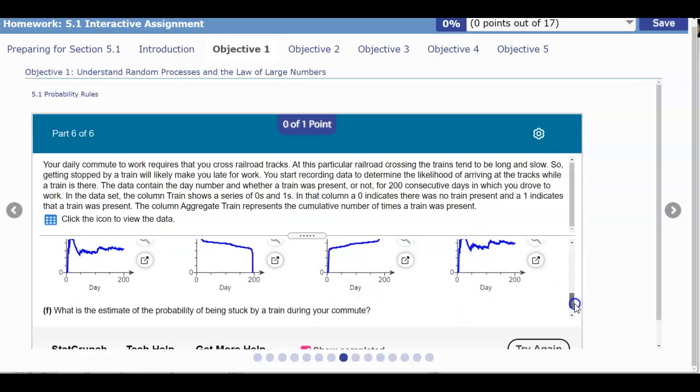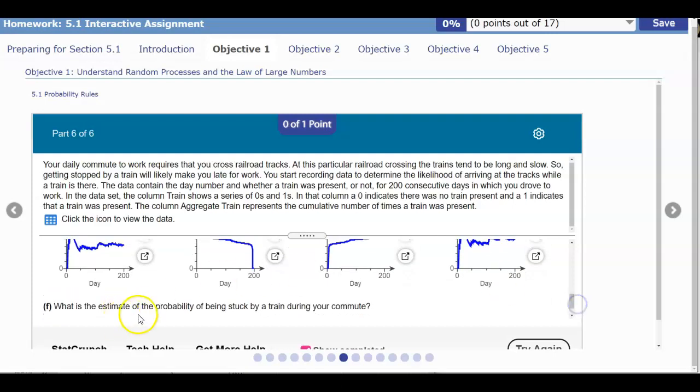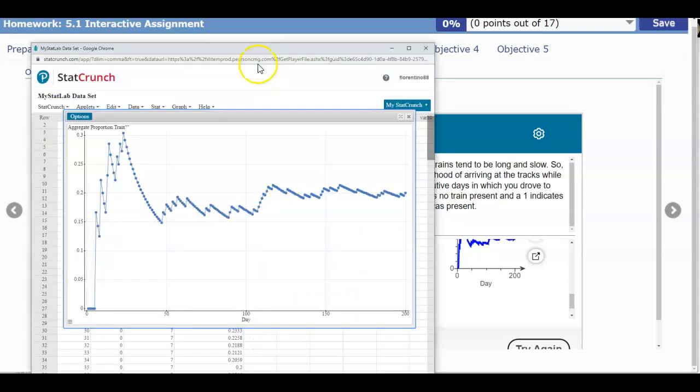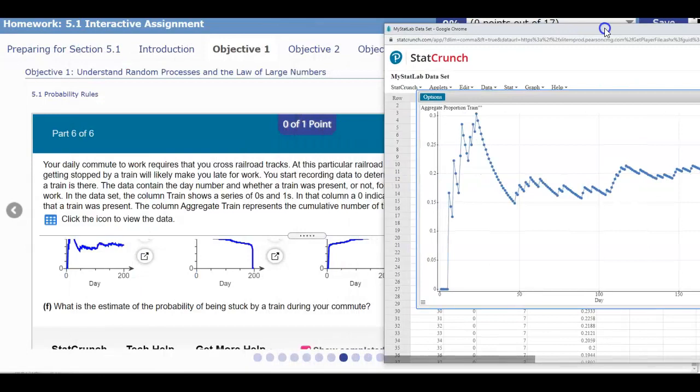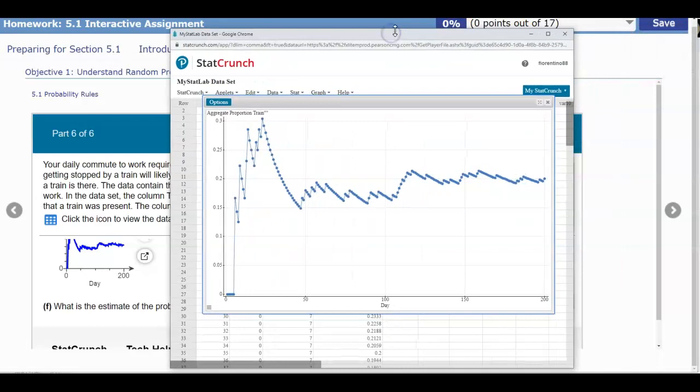Now the next question is, what is the estimate of the probability of being stopped by a train during your commute? The estimate is located on the graph. Here at the 200th mark, we're going to highlight that point.